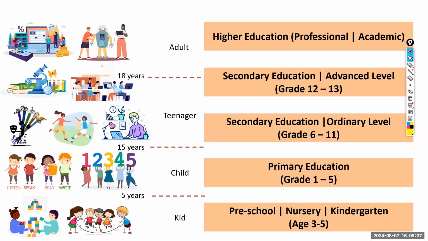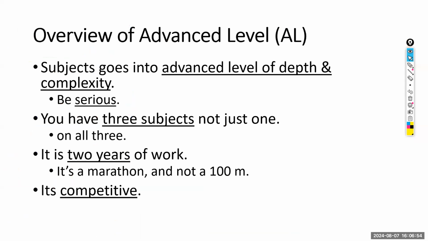So the first thing you need to remember is, you guys are now getting closer and closer into your adulthood. So therefore, be more and more serious, more and more responsible. Okay, right. So as I told you, in A level, unlike O level, ordinary level, you learn things in great depth.